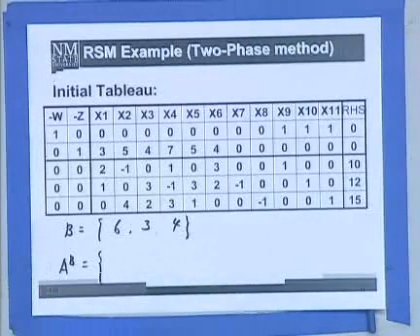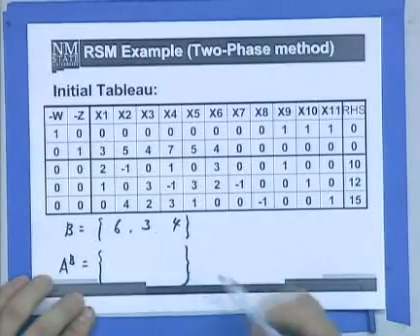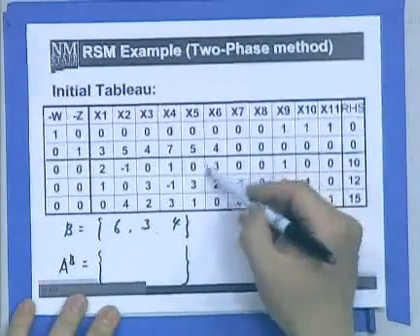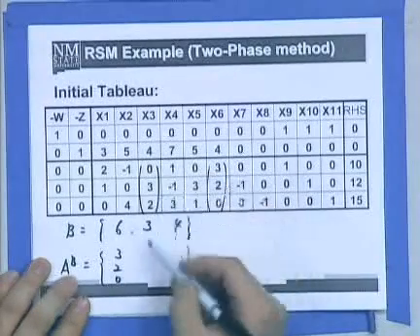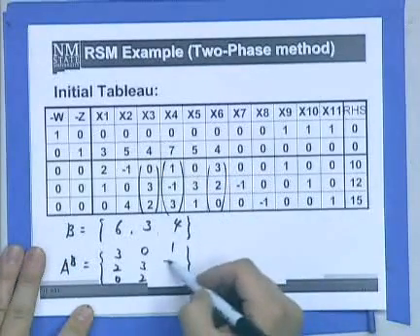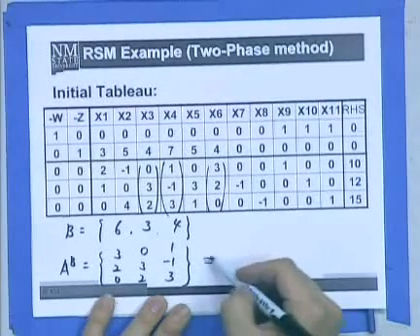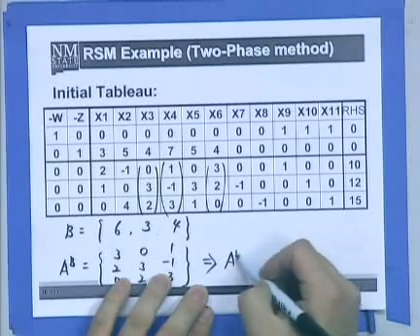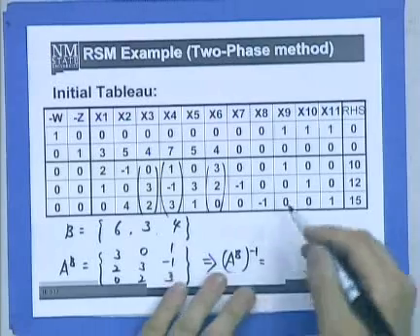And we have the new basis matrix, A superscript B. What is the first column? 3, 2, 0, right? The second column is 0, 3, 2. And the last column is 1, negative 1, 3. Right? And as we did earlier, the basis inverse matrix can be obtained by updating the old basis inverse matrix, right?